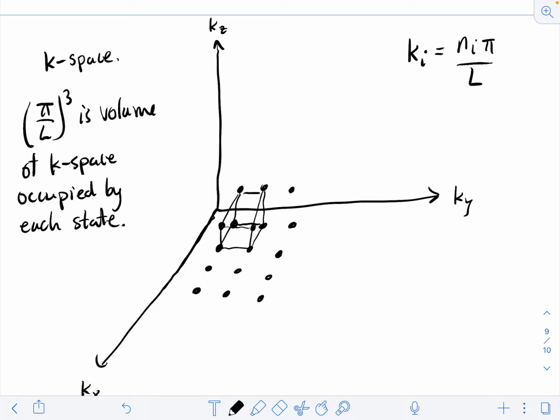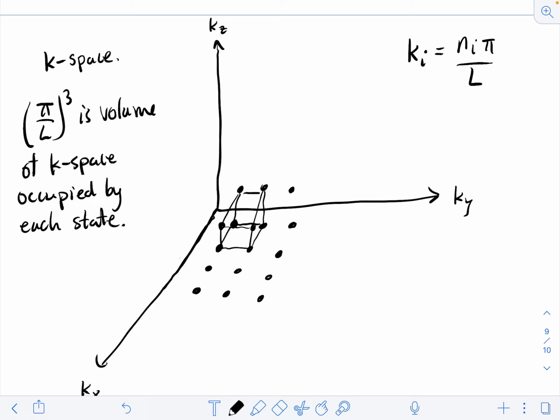The cube has 8 corners, but it shares those corners with 8 other volumes in that space. So each state occupies this volume pi over L cubed.